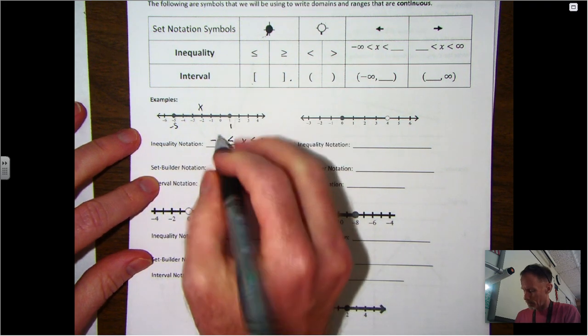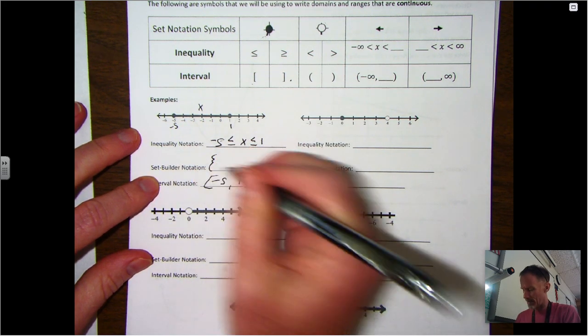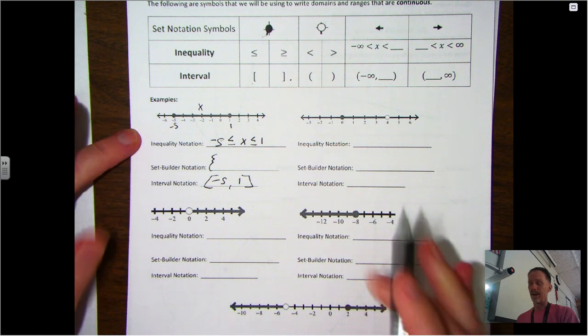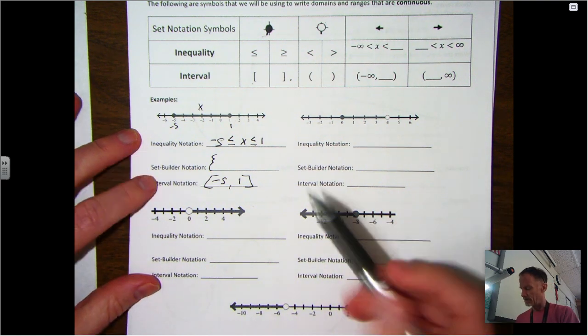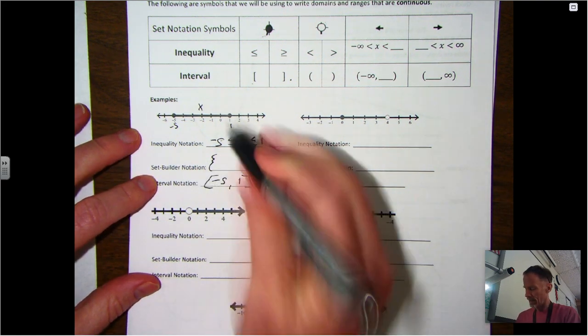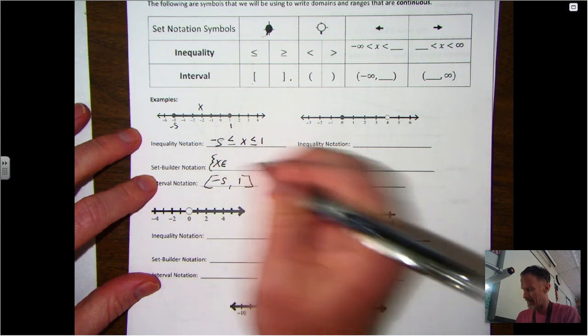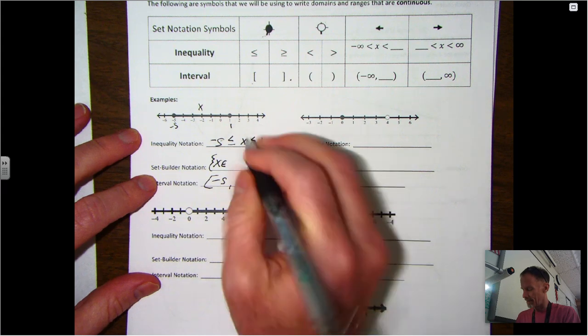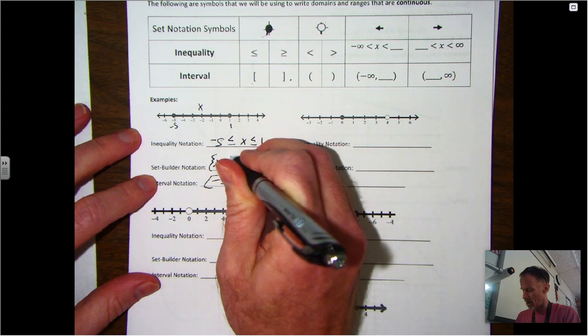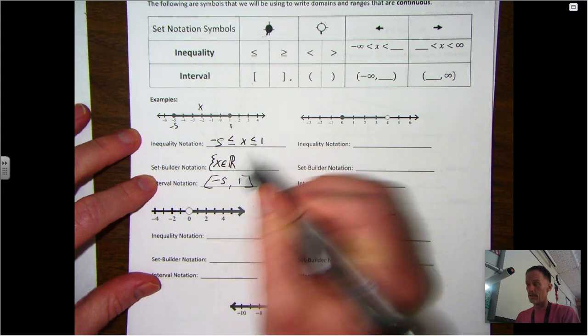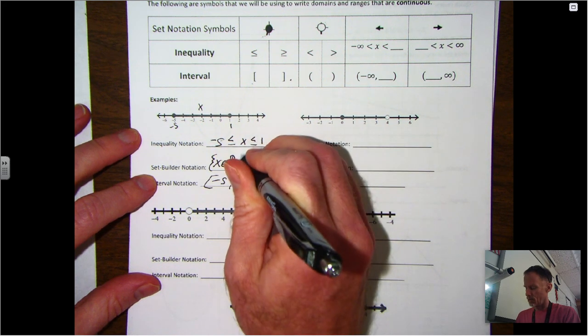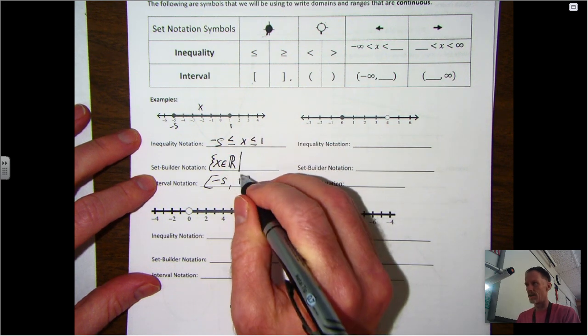So what we're going to start with, the technical name for this is a brace. I call it a squiggly bracket. But you do a brace, and then you do x, then a funny looking E, that means element of, and then you do a double strike R, and that's the symbol for real numbers. And then a vertical line, that means such that.